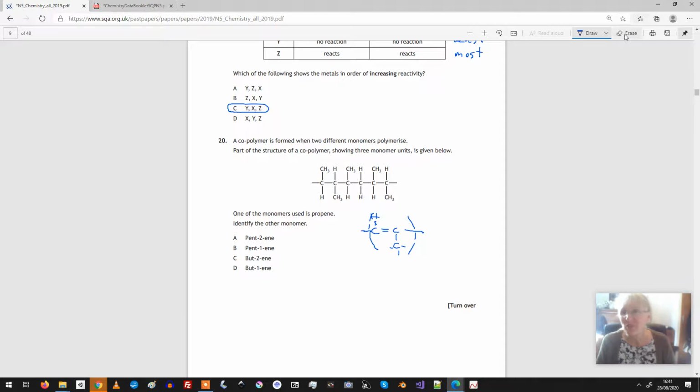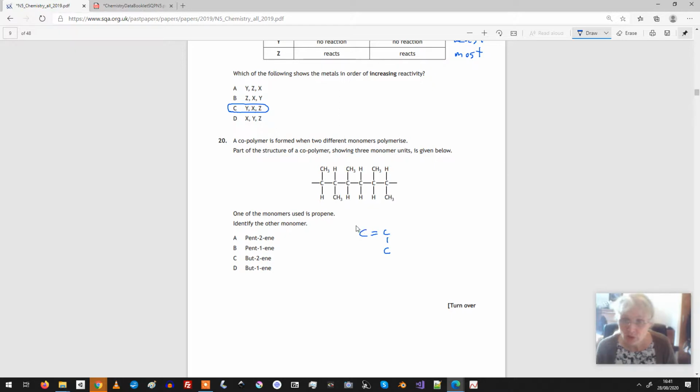I haven't drawn that very well. I'm going to do it again. So propene has 3 carbons. And I've shaped it this way because things always join together just across that double bond. When that double bond breaks, it can link up on either side.